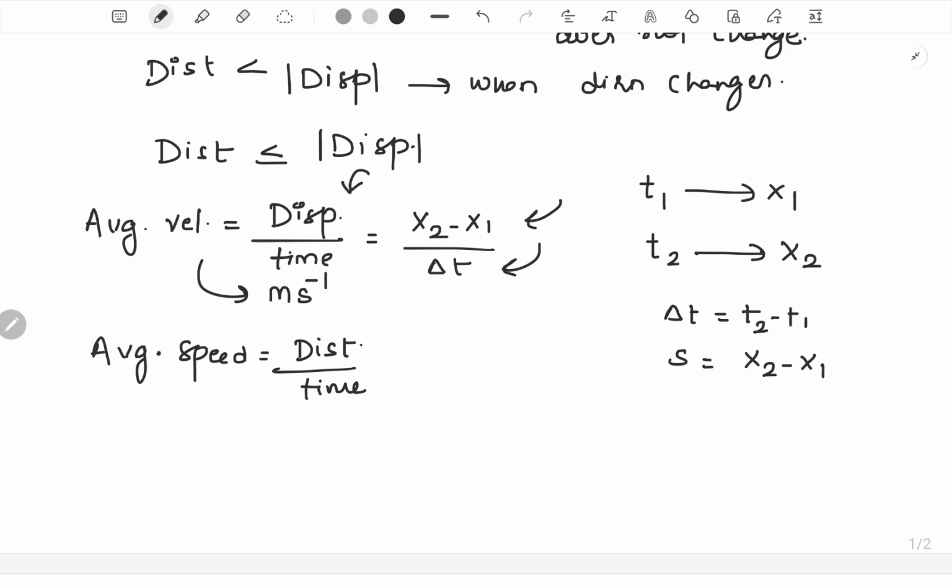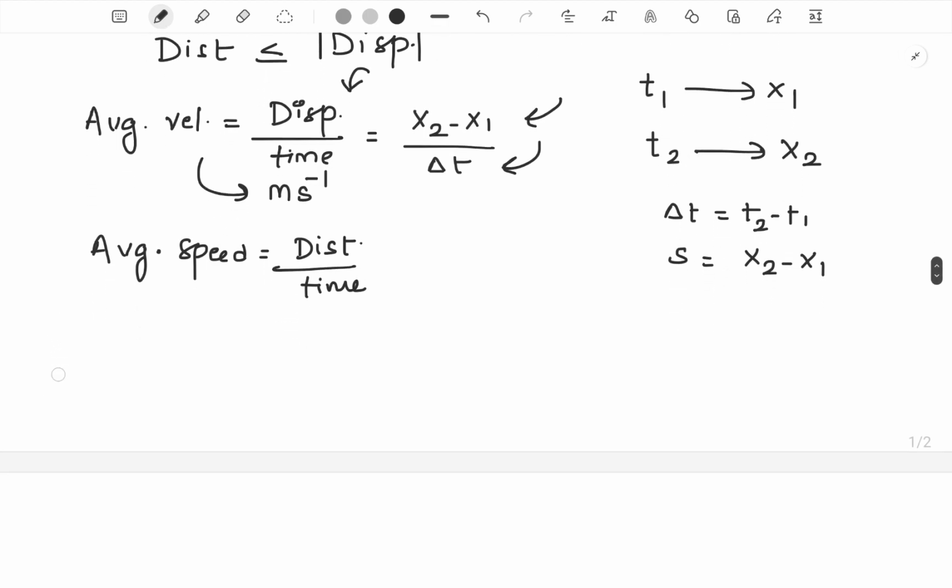Again the same units, meter per second. The only difference is average velocity would be a vector quantity and average speed is a scalar quantity. We do not define any direction for average speed.